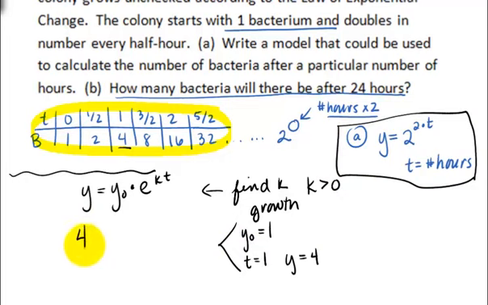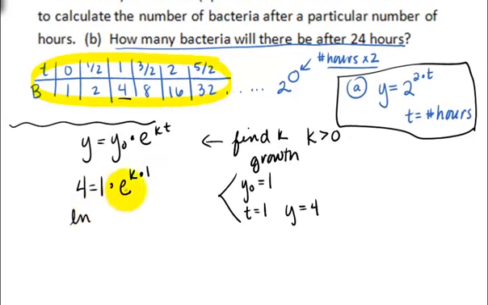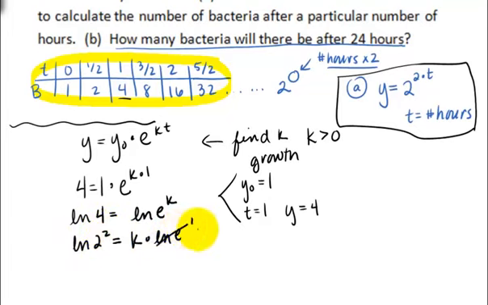Alright, so 4 is going to equal 1 times e to the k times 1. Nice, because all our numbers are 1. Alright, let's take the natural log of each side so we can get rid of that exponential. So natural log of 4 equals the natural log of e to the k, or you could say the natural log of 2 squared equals k times the natural log of e, which is just 1.